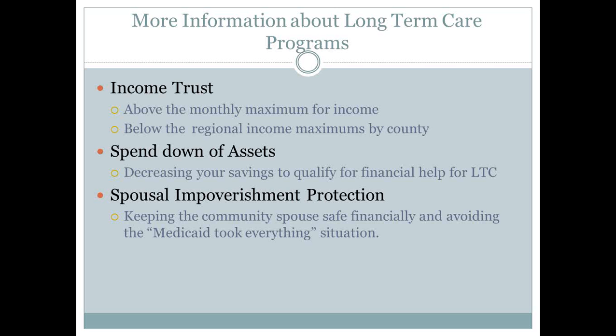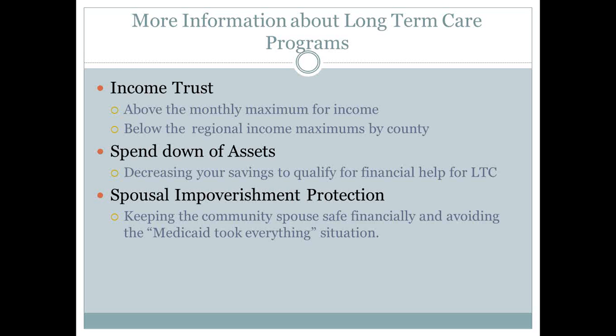They can establish what they call an income trust or a Miller Trust. And this is something where they would actually get some documents from the Department of Human Services, and they would fill them out, and they'd get them approved by the bank that they bank at, and they would be allowed to have in excess of that $2,163 in income and still be eligible for Medicaid long-term care.